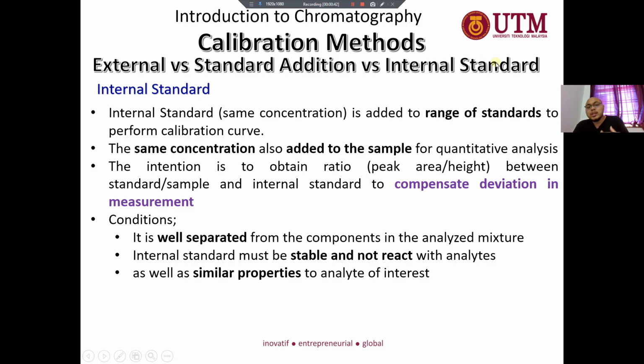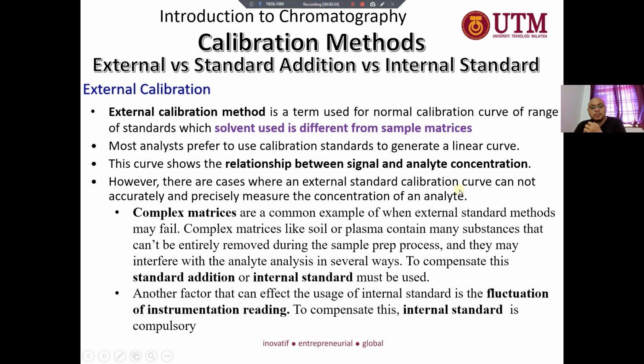When do we need to use the internal standard? The internal standard is used to compensate for deviation in measurement, as already described previously, when we have fluctuation in the instrumentation reading.